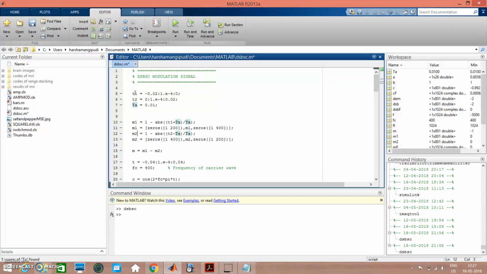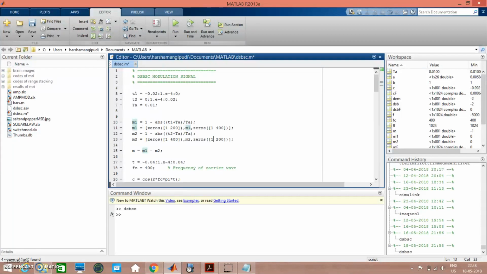Generally we take a triangular type of signal; you can also take a sawtooth waveform. I've taken a triangular signal, so I've padded zeros to it, for 1 to 200 and also for 1 to 400.